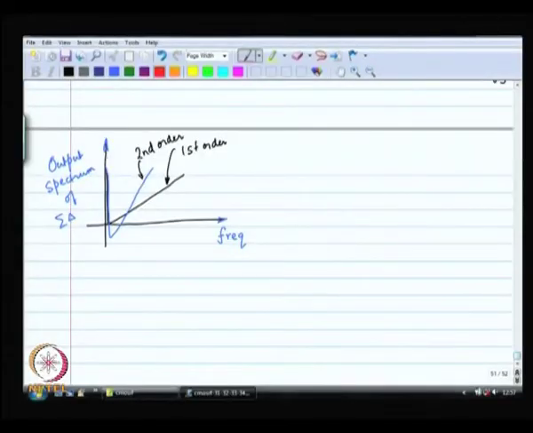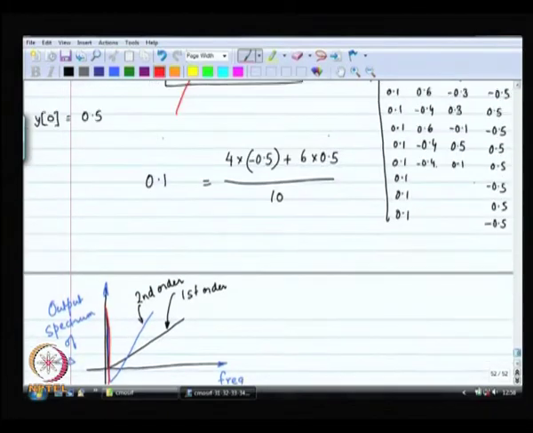So, really the signal to quantization noise ratio within the pass band can be made arbitrarily large if you just keep on using integrators or accumulators as your building blocks.